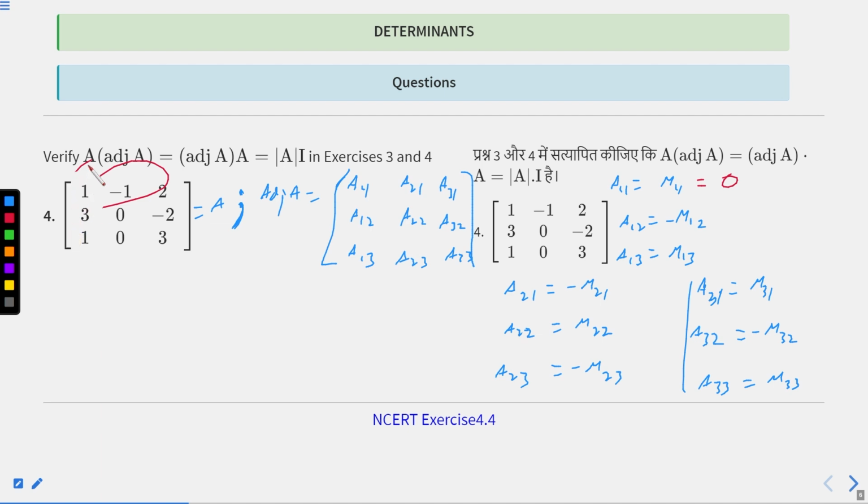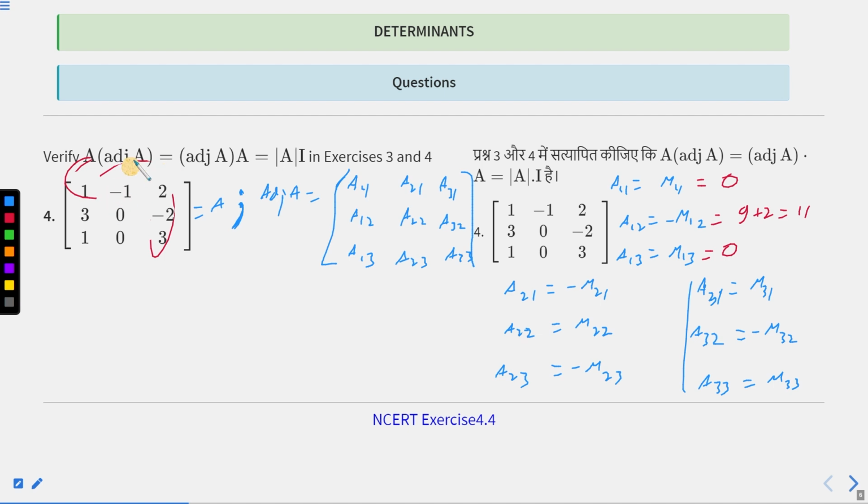M12, so 3 times 3 will be 9, minus of -2, this will give you 9 plus 2 means 11. Okay, so far so good. Now eliminate this, you will have 0, still 0.